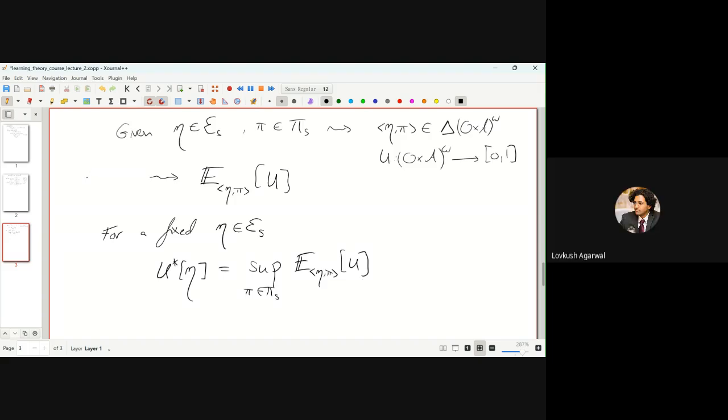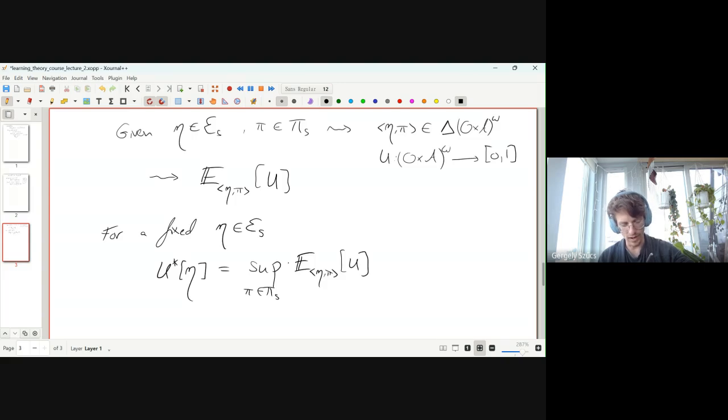And because you use supremum, does that mean it's not always realized by a specific policy? Yeah, here's where the technicalities come in. If you assume the utility is continuous, then we can replace this with a maximum, because the space of policies is compact.